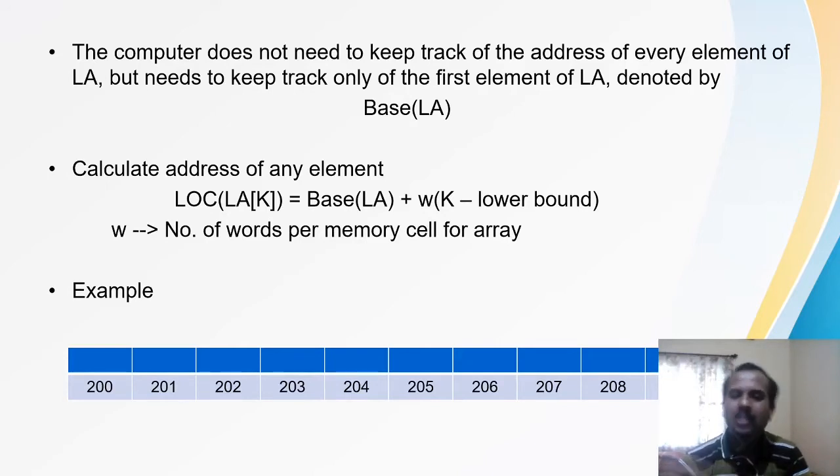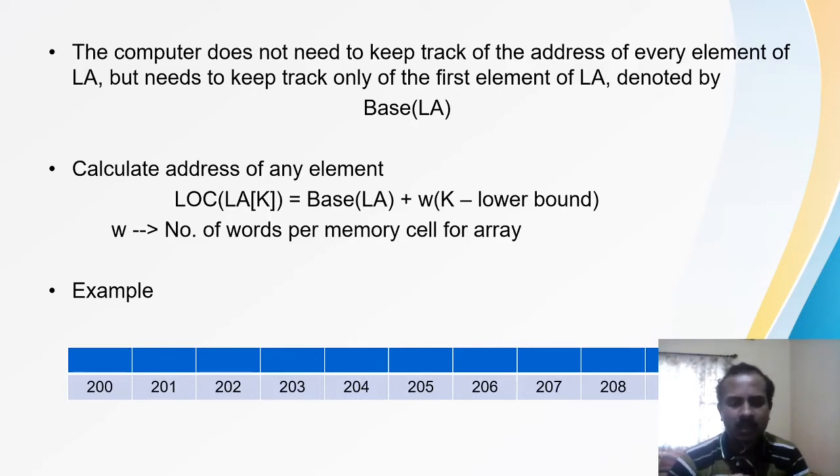Then what about other memory allocations, for accessing other elements? Now I can only access the first element of the linear array using the base of LA. But what about other elements? For that purpose, we have a formula, and using that formula we can calculate the address of that particular memory allocation.